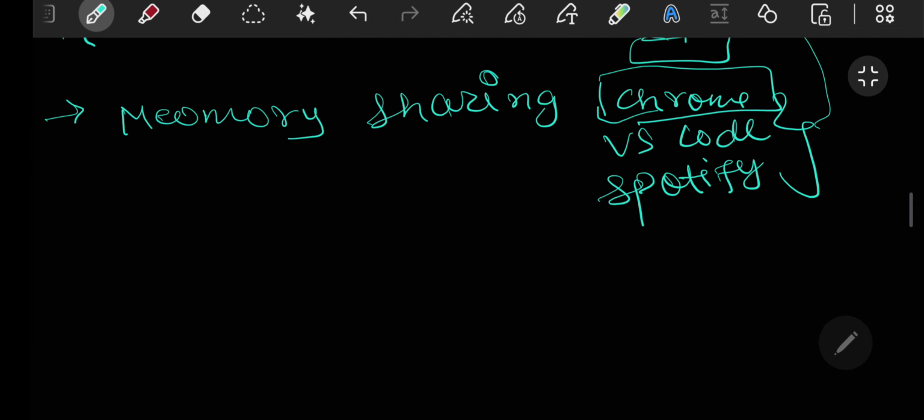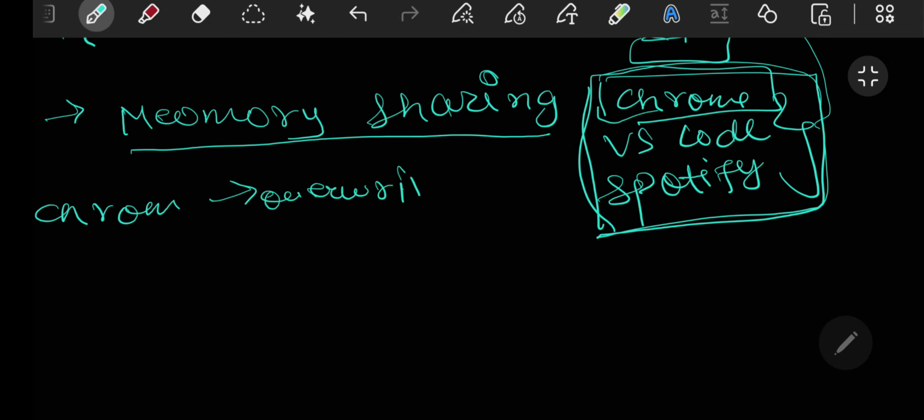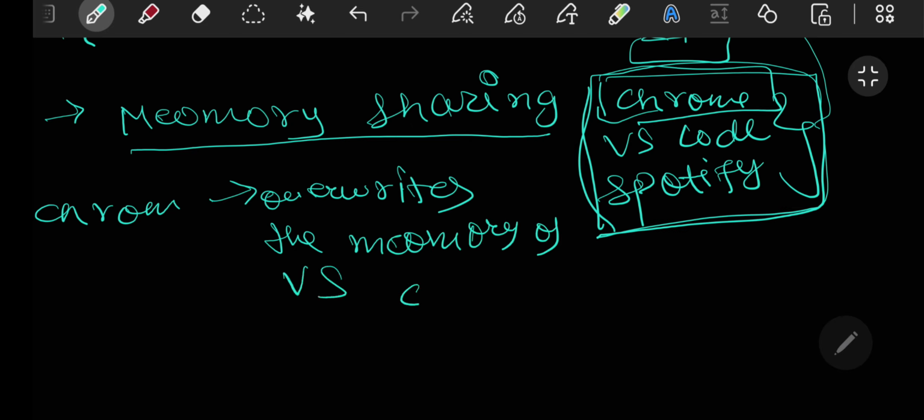But this generates one more problem, that is memory sharing. Even if we put these three programs together, we have a memory sharing problem. Like, what if Chrome accidentally overwrites the memory of VS Code?